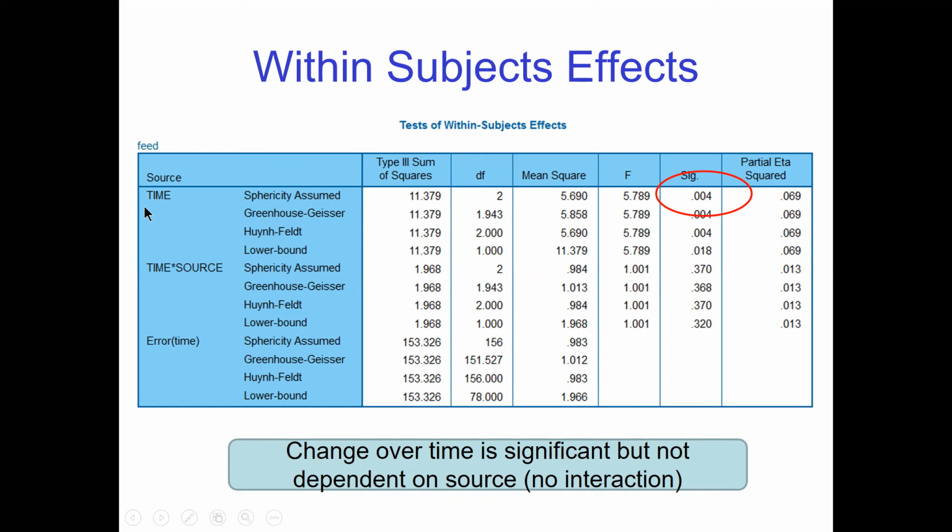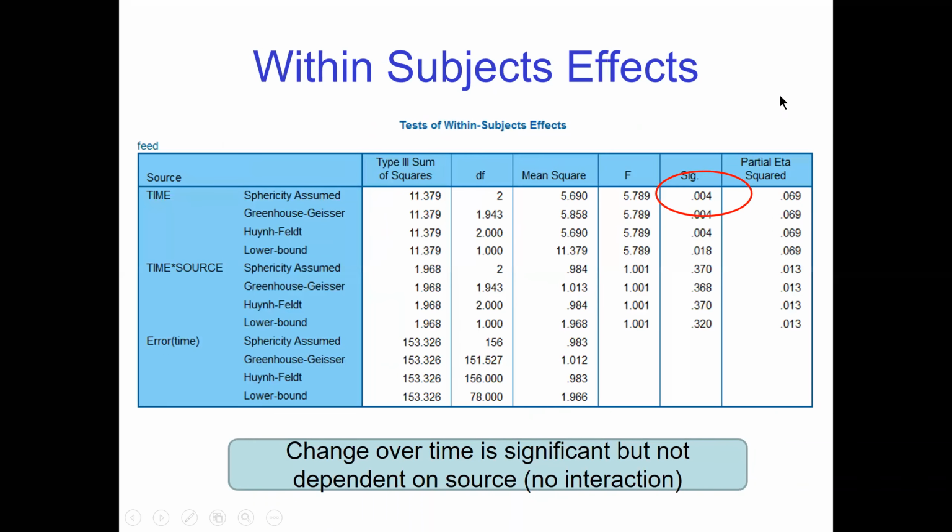What this tells you is that across time, regardless of group, there's a difference. So people change over time regardless of their group membership. This tells you that people's change over time is not contingent on their group.